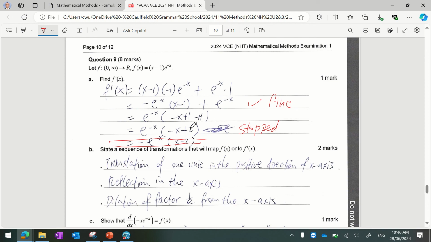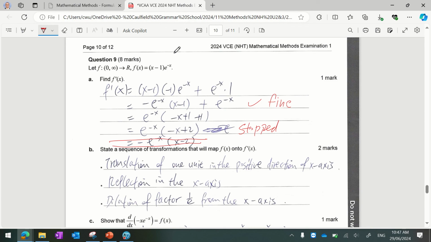But I realized that what I did with the factorizing is actually a blessing for question B, because if you look at function f and f dash, I need to transform f into f dash. And notice how f is factorized. Right? f is not expanded, f is factorized. So if I wanted to make my job easier, I should factorize f dash also, because basically I need to make f dash look like f, right?